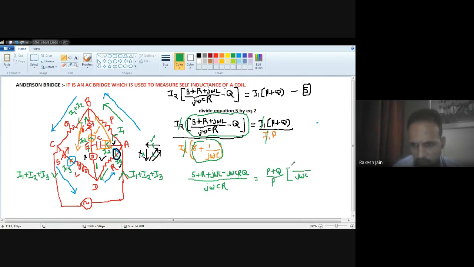So it is small r jωC plus 1. Okay, fine. So the left hand side has (s + r + jωL − jωC r q) divided by jωC r, and the right hand side has (p + q) divided by p times (r jωC + 1) upon jωC.